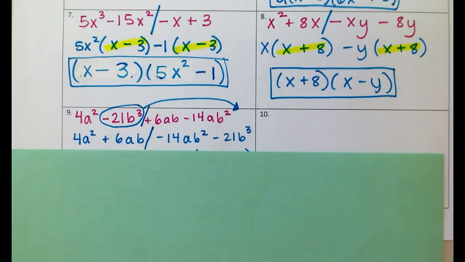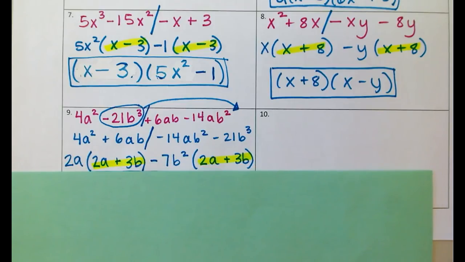Okay, hopefully you factored this out. Noticing between negative 14ab squared and negative 21b cubed, this term was negative. So I factored out a negative 7 between these two terms, and a b squared. Once I factored out negative 7b squared, left over from that was 2a plus 3b.